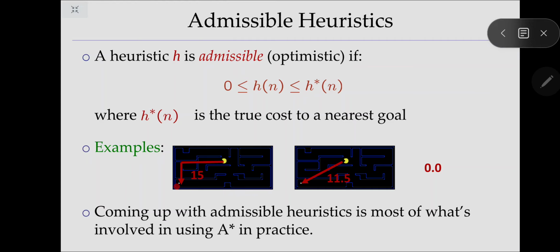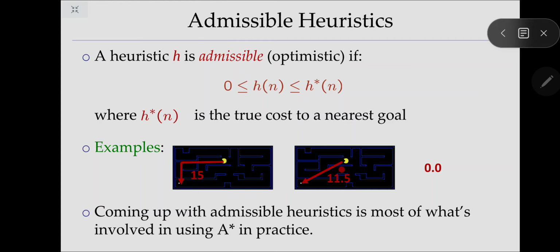This crowded and complex path is defined based on the constraint that the agent cannot fly to reach the goal.